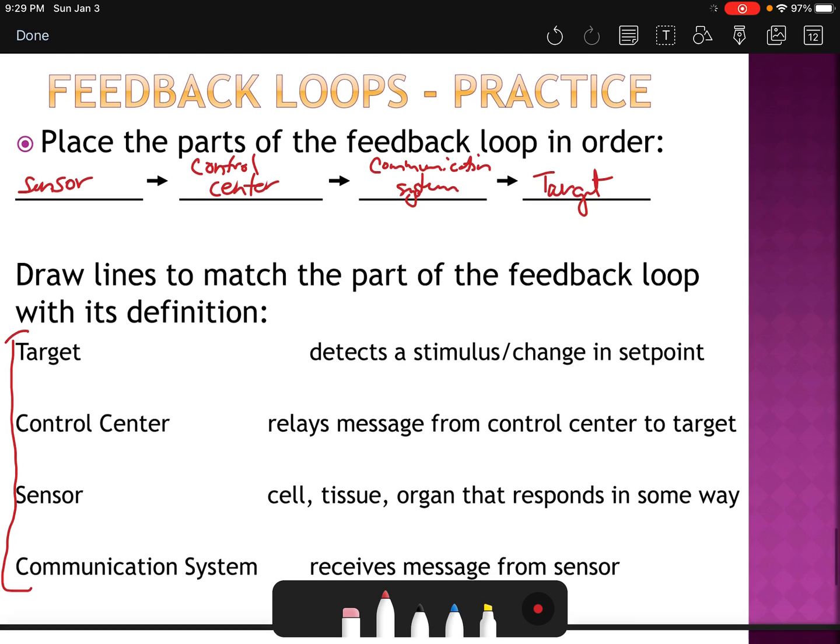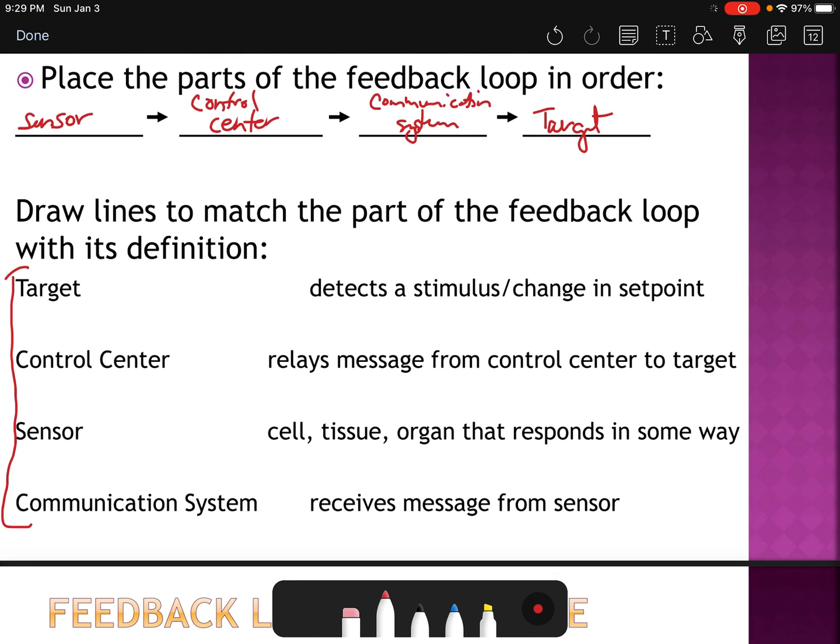Okay? So if we look at our definitions then, a target is something like a cell, a tissue, or an organ that's going to respond in some way. A control center is what's going to receive the message from the sensor. The sensor, again, detects the stimulus and change in the set point.